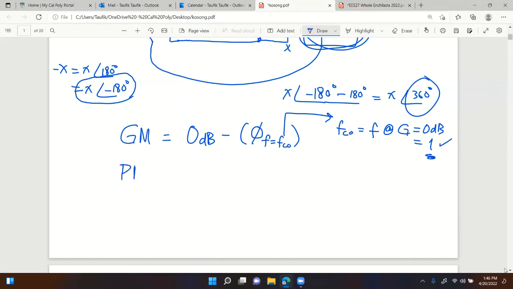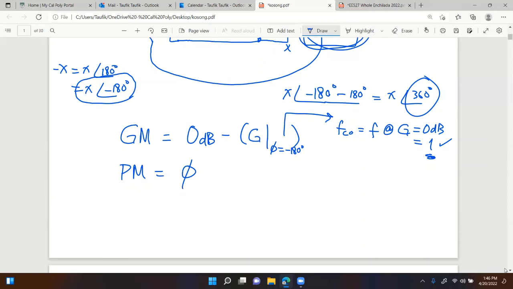And then phase margin is equal to phase angle at, this is not phase angle. I know there's something wrong there. Gain. Sorry, wrong way. Gain margin is 0 dB minus the gain at which the phase angle is minus 180 degrees. There you go. Sorry about that.